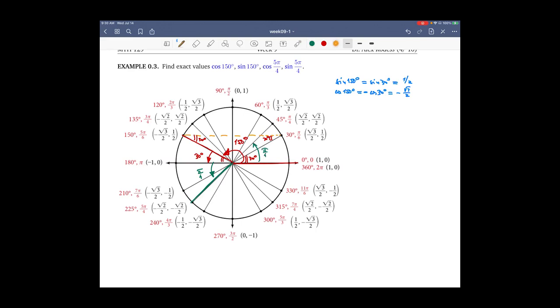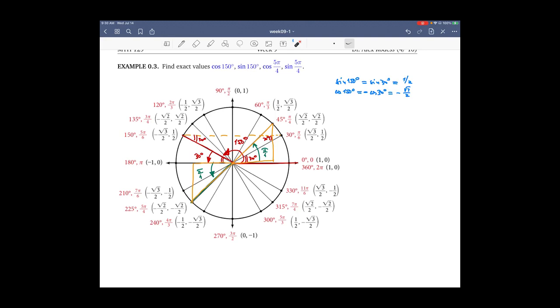Again, we argue that this triangle equals this triangle, the right triangle with the same hypotenuse and equal acute angles.